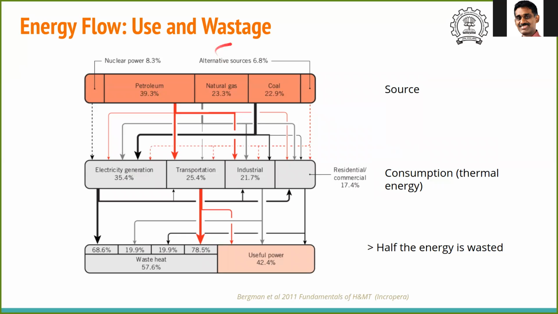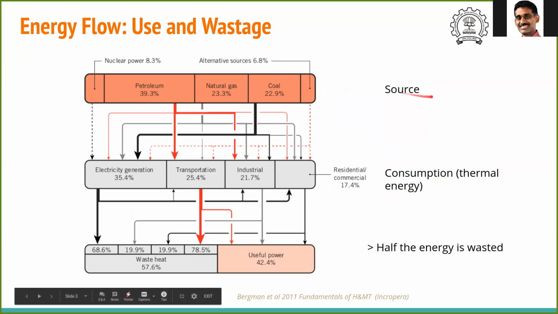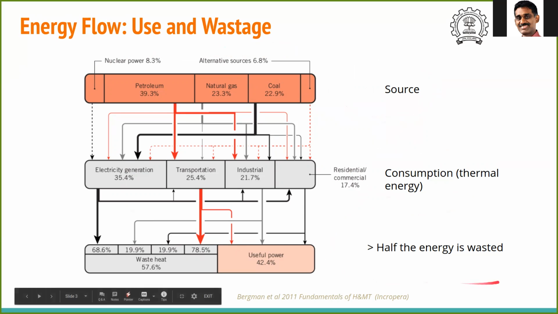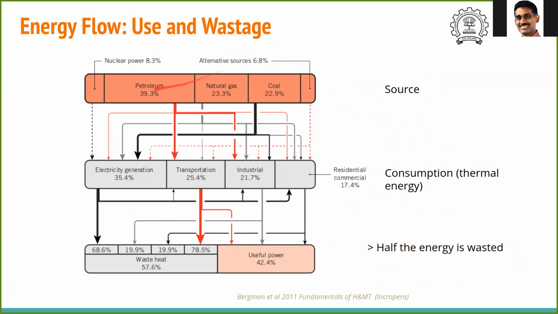This is an energy flow diagram of where the energy source is, how we transform energy, basically consume energy, and how it is converted to waste heat. This is the statistics of the US.